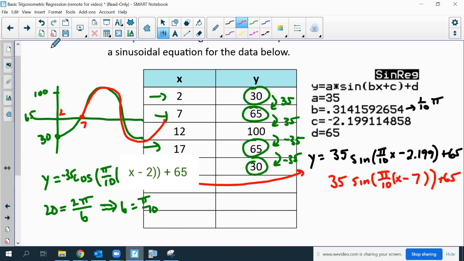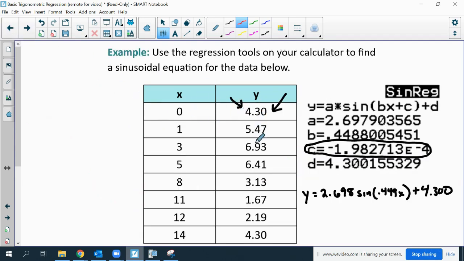Now, what makes this different from one that doesn't have exact points is that a regression equation gives me a line or a curve of best fit. So this one is giving me something that fits the graph the best out of all possible sinusoidal sine or cosine graphs.